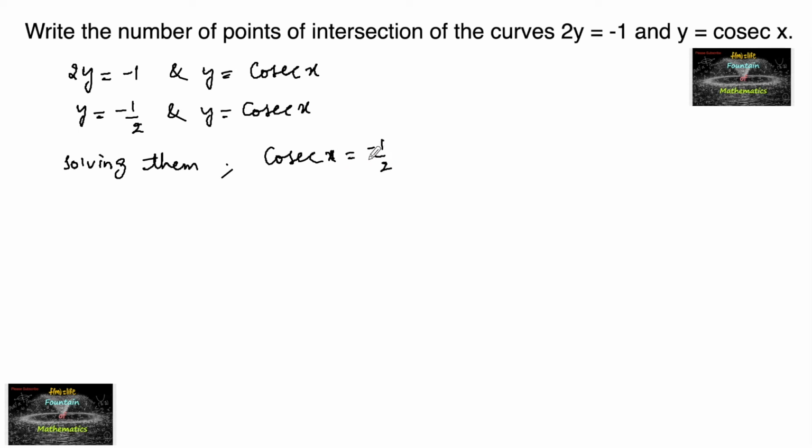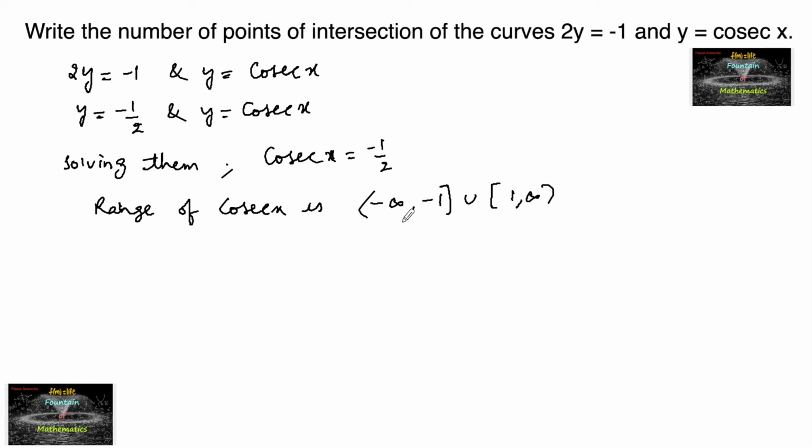So which is not possible because the range of cosecant x is minus infinity to minus 1 union 1 to infinity.